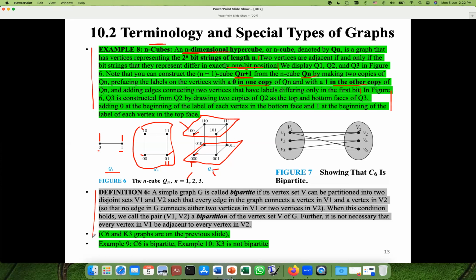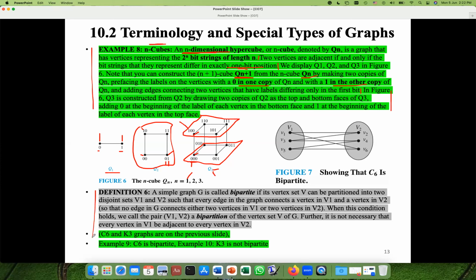And this property, this condition for the pair V1 and V2, is called a bipartition. You have bi and partition. You have two divisions. Bi means two, partition is just a division. So this pair V1, V2 would be a bipartition of the vertex set.